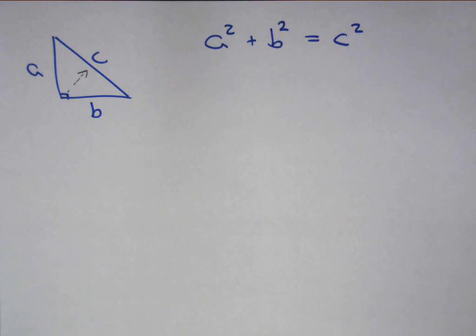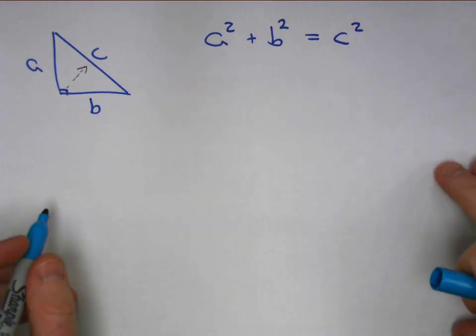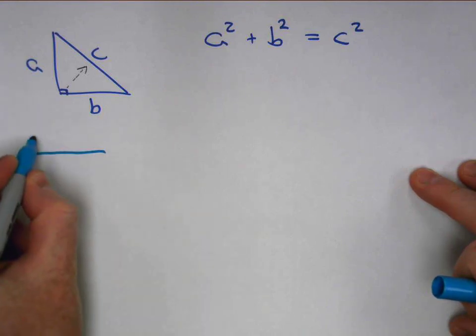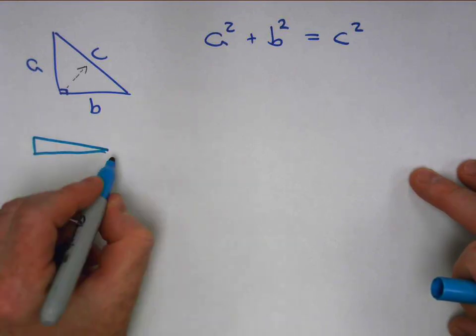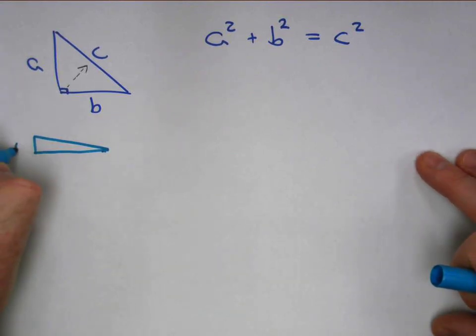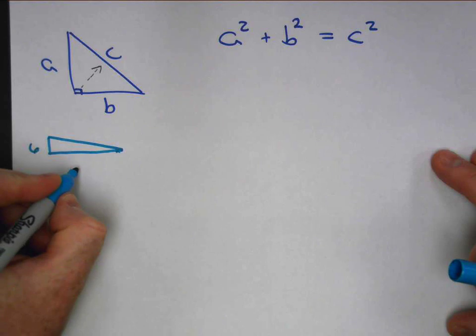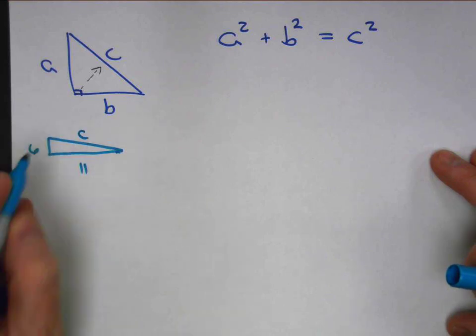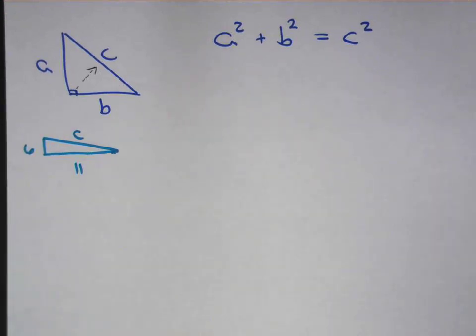All right, so let's make use of this real quick. Let's look at a couple triangles. Let's do one that's kind of longer and not very tall. We're going to have a side of 6, and a side of 11, and we want to know the length of the hypotenuse, and we'll just call that C, because that's how the equation is usually used.